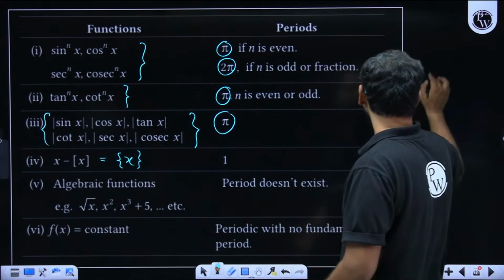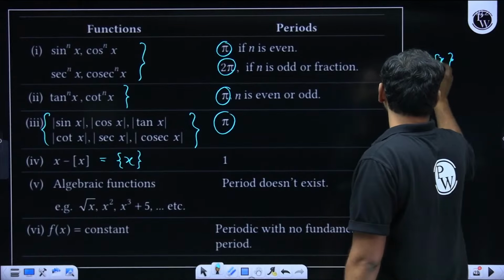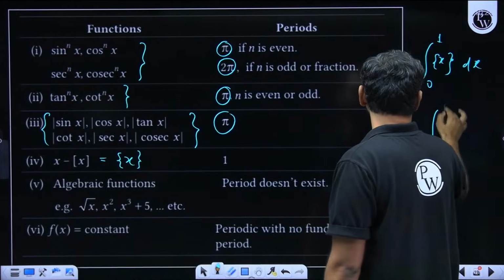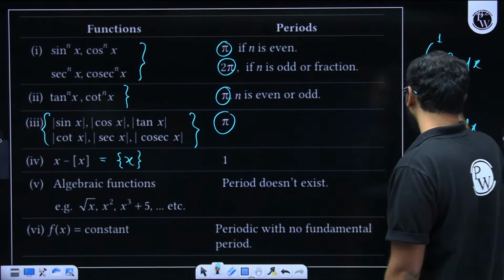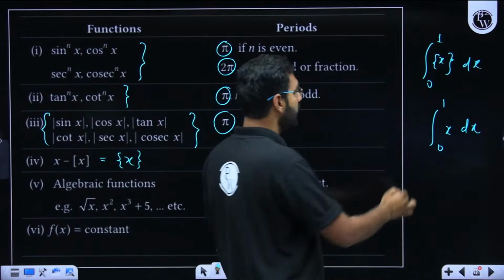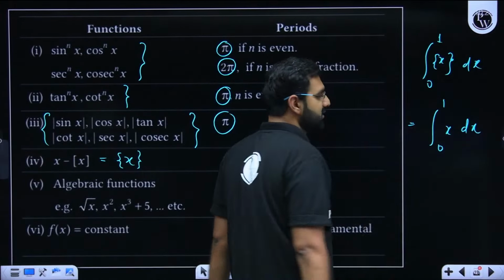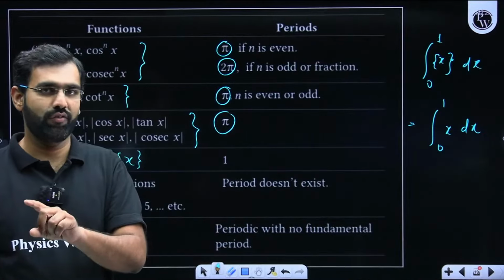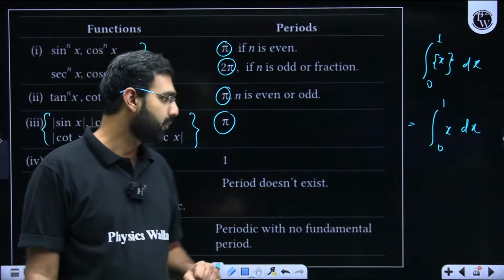And remember, if x is between 0 to 1, the fractional part of x can be written as x only, because between 0 to 1, the fractional part of x is x only. So we try to bring our limit in such a manner that it is between 0 to 1, so that we can substitute the fractional part of x by x. Will you remember that result?